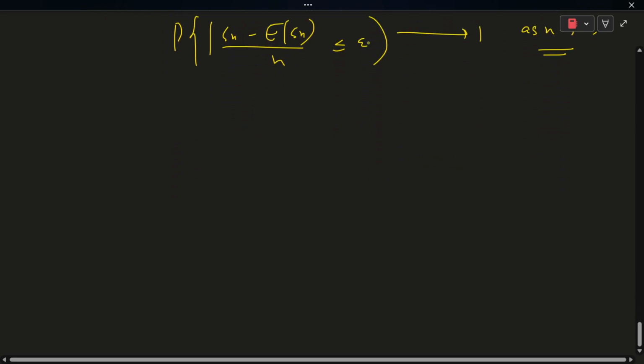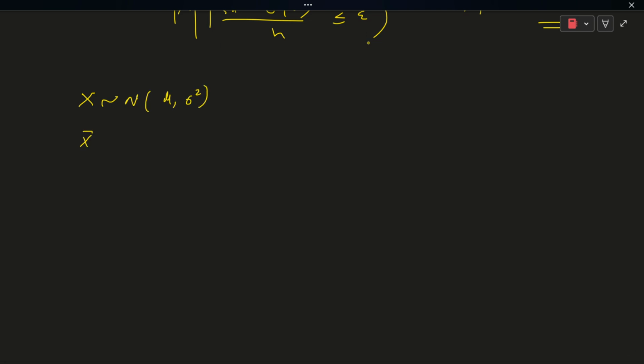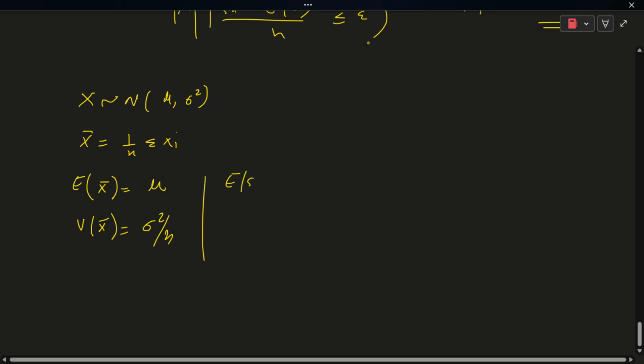This statement shows that it follows weak law of large numbers, right? As well as, I say, when x follows normal mu comma sigma square, x bar is equal to 1 upon n summation xi. Then what's expectation of x bar? That's mu. What's variance of x bar? That is sigma square upon n. What will be the expectation of Sn?